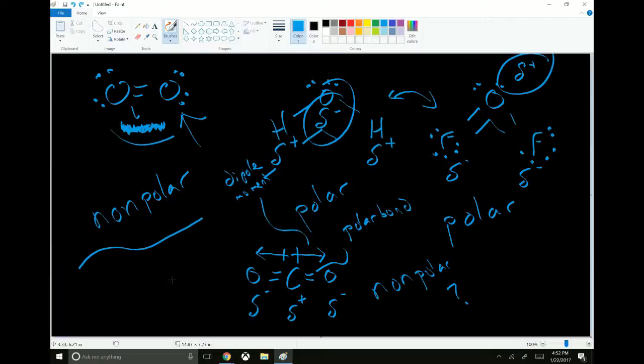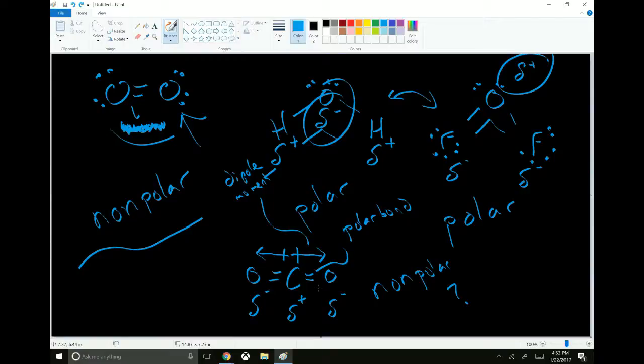Okay? But the thing is, you see these arrows, you can think of them as being a pull in that direction. The oxygen is pulling on the electrons, pulling them toward itself. And this oxygen over here on the left is pulling it to the left. This oxygen here on the right is pulling it to the right. Okay?